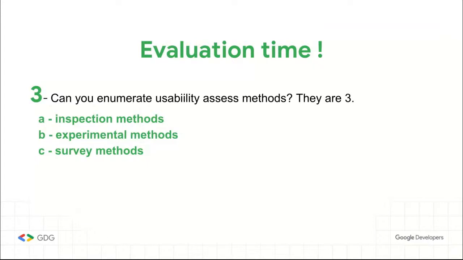So designers, expert designers, or expert developers can watch your product and evaluate if there is problems on design and on code, etc. The experimental methods are done by real users on your website, and survey method are done actually by the team, and they have to do interviews with the users.